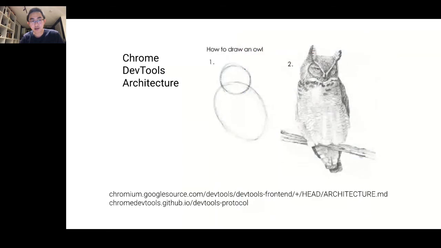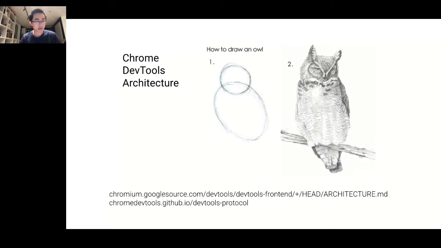So I don't want to dwell too much on DevTools architecture. If you have interest, you're welcome to read up on more details under the link that I have included here. There is also pretty good documentation on the DevTools Protocol, like which aspects it supports and what you can use it for.